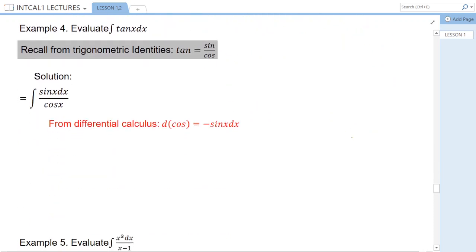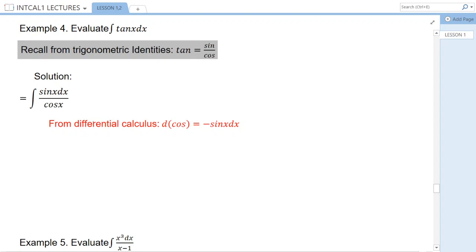Evaluate this one, the integral of tangent x dx. Let us recall your trigonometric identities. Tangent is equivalent to sine divided by cosine. Rewriting the equation, that will give us the integral of sine x over cosine x dx.